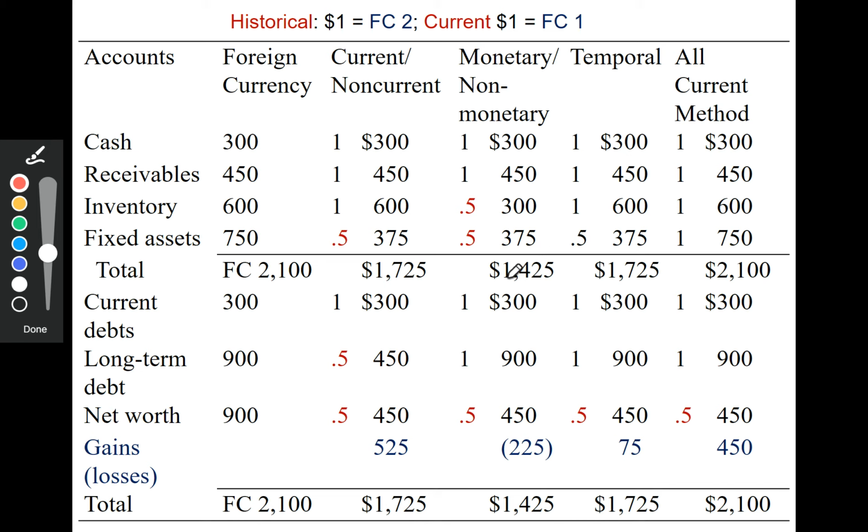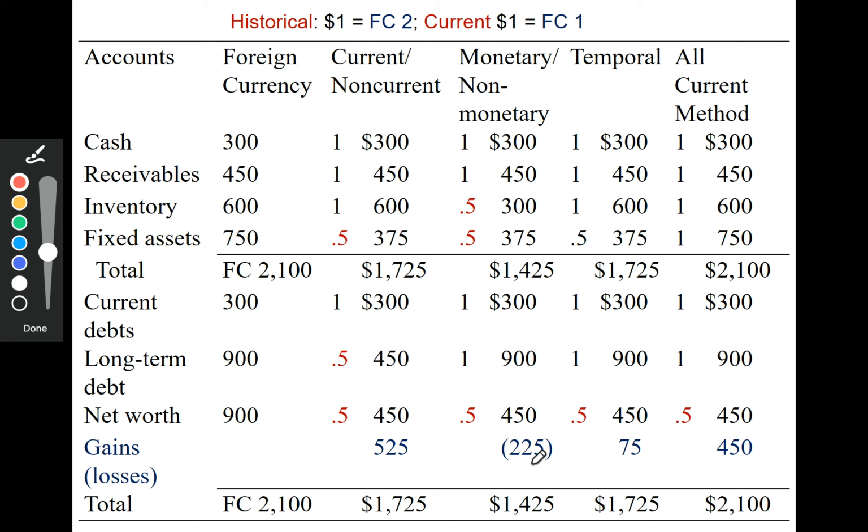Our assets are 1,425, and our owners are worth only 225, and adding these two numbers, we can pay our liabilities and have 1,425 at the liability plus equity side of the balance sheet. So, in contrast to the current non-current method that gave the same company a gain, the monetary non-monetary method gives it a loss.